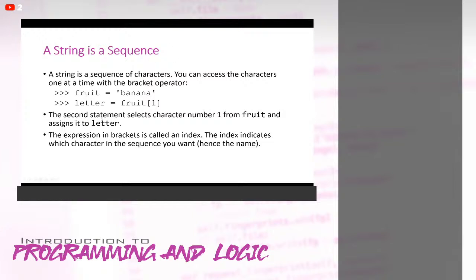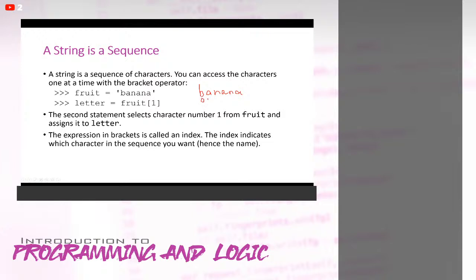Right? Because as we have our string here, B, A, N, A, N, A, we have all these index locations. In programming, we like to start counting from 0 instead of counting from 1. So in this instance, we can access each of the individual characters in banana.